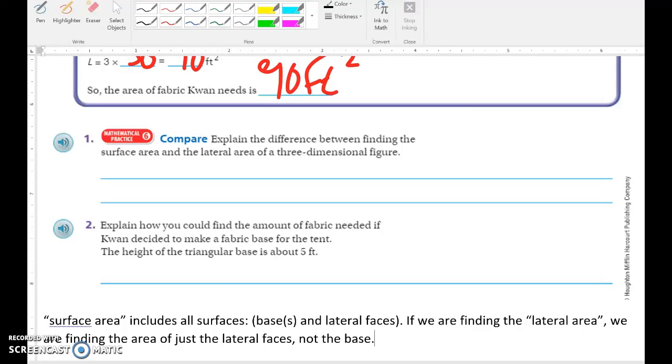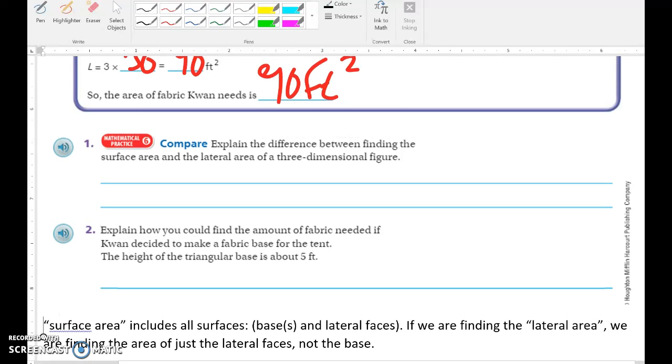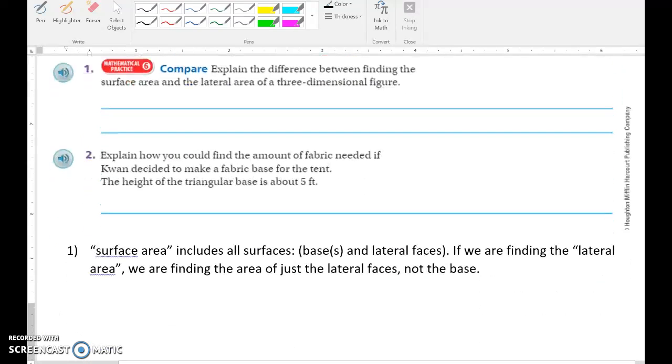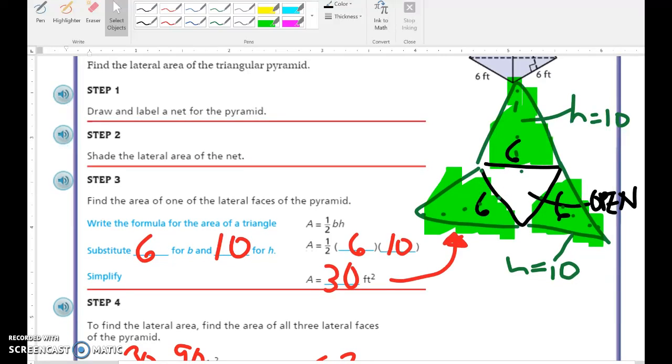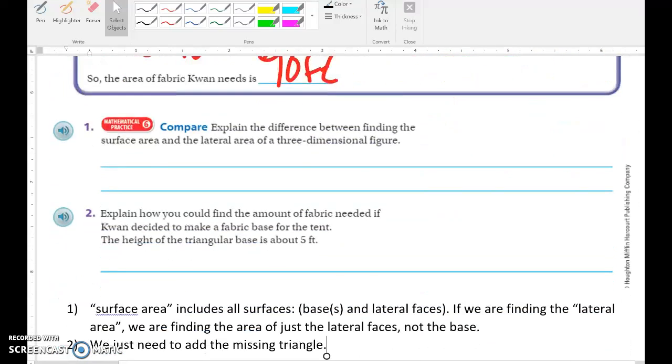Okay, explain how you could find the amount of fabric needed if Kwan decided to make a fabric base for the tent. The height of the triangular base is about 5 feet. Interesting. So we just need to add the missing triangle. If we scroll up, it is a triangle with a base of 6, and now they've told us a height of 5.